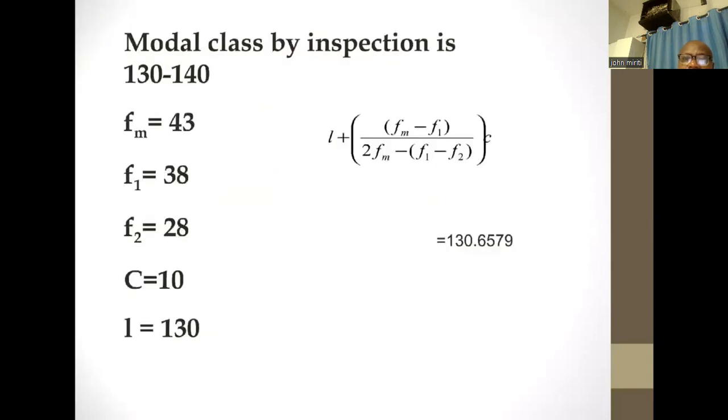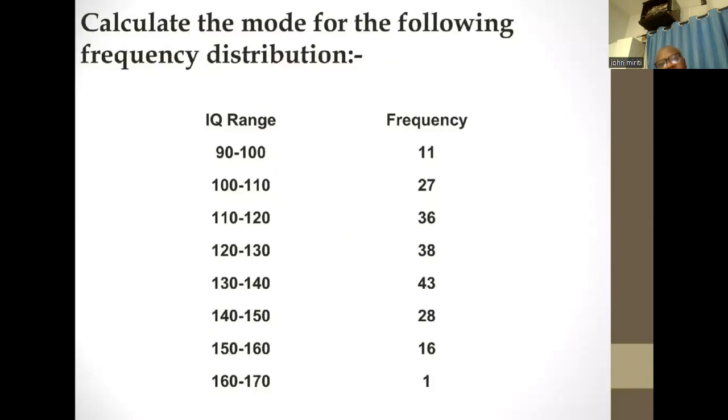So in this case, you have to do another calculation of the mode, like this one here. Here you see IQ and the frequency. What is the most common? The highest frequency is 43, and that means the mode lies in the class of 130 to 140.